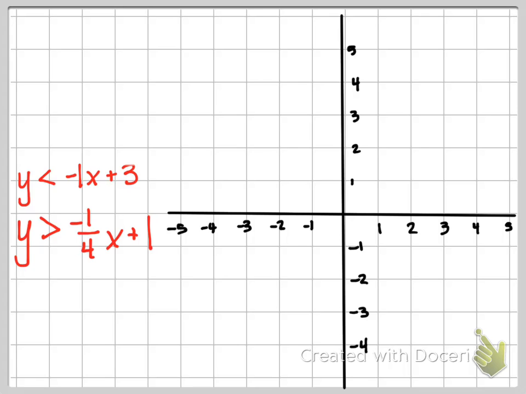Okay, so what you want to do when you graph these, it's a little bit different. We're going to graph the first one using blue. We're going to graph it just like we would a regular line.